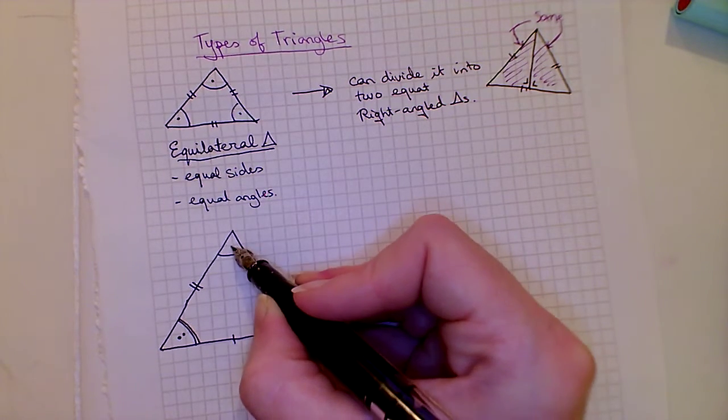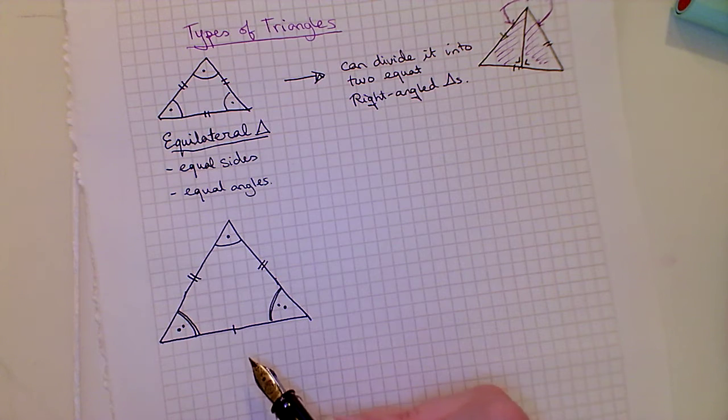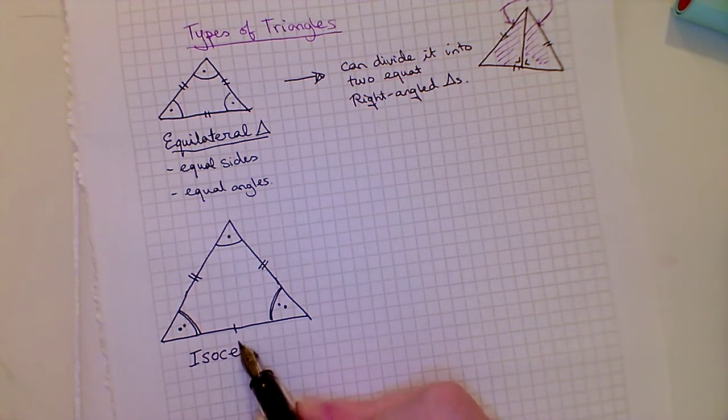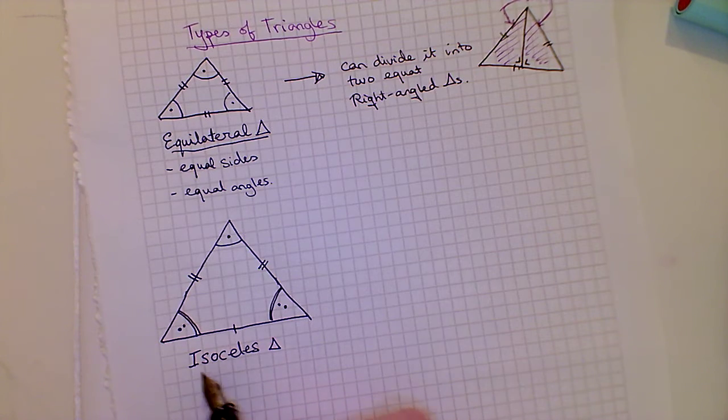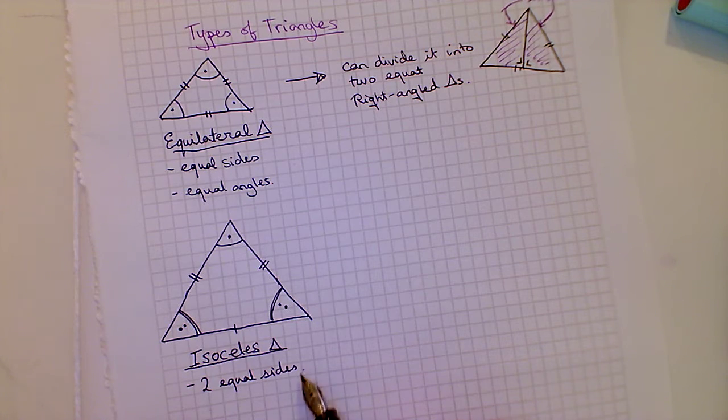But the third angle is not. Okay? Excuse me. And this is called an isosceles triangle. This has two equal sides and the base angles are equal.